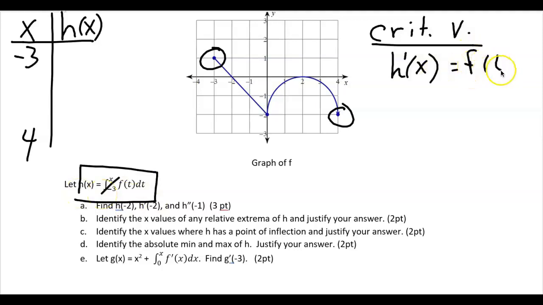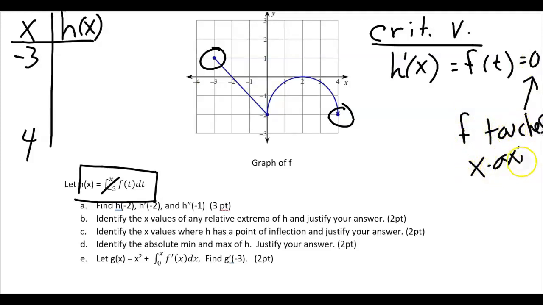And so I'm looking for places where f equals 0. In other words, where f touches the x-axis. Okay? So this is a critical value, and this is a critical value. So we'll put those in there in order, -2 and +2.